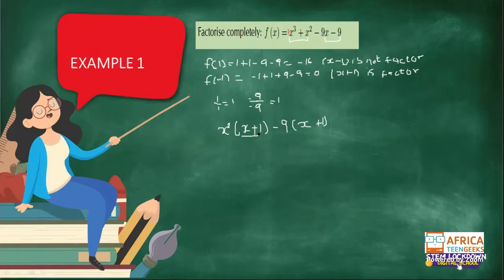Then you'll see that you have a common factor, so you'll have x plus 1 into x squared minus 9.